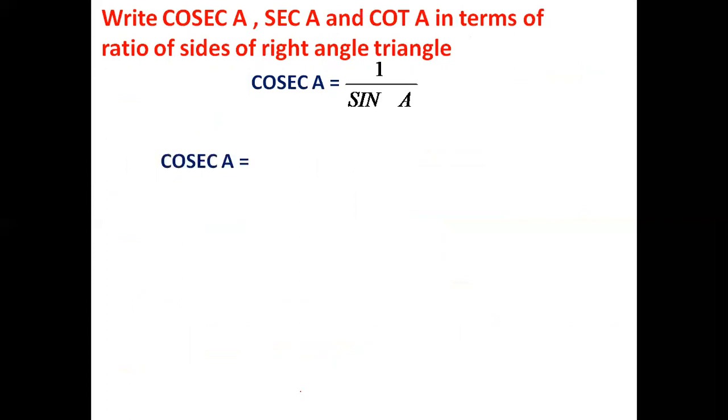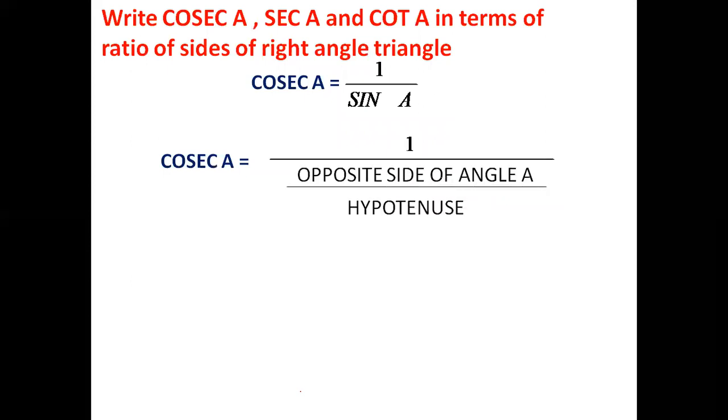Cosec A is equal to 1 by sin A, and sin A is the ratio of the opposite side of angle A by hypotenuse. If the opposite side by hypotenuse is in the denominator and it comes to the numerator, then the fraction is reversed.